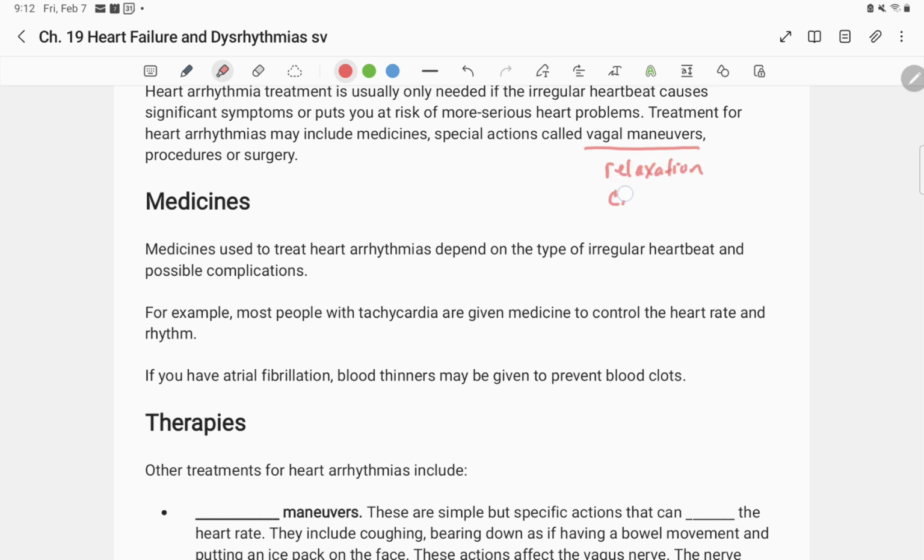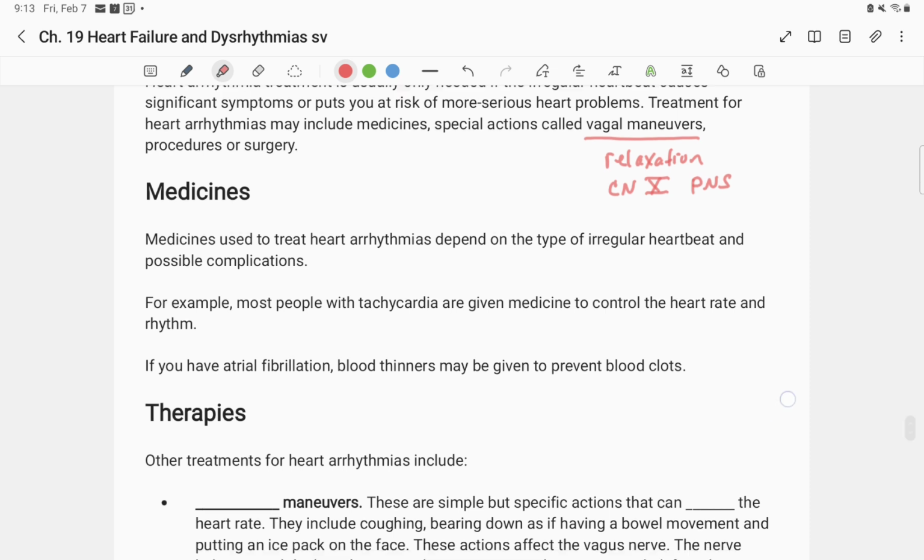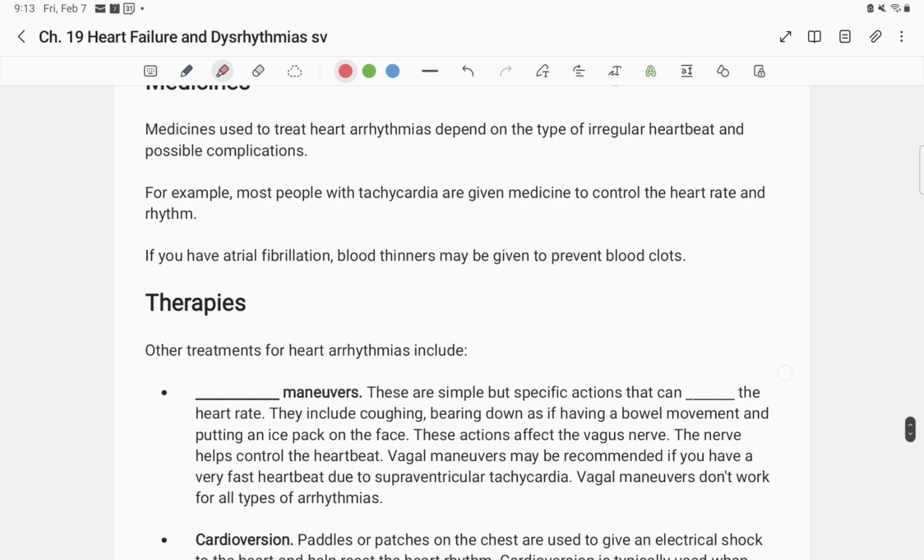Okay, the vagus nerve, which is cranial nerve 10, is a very strong parasympathetic nerve, which means when you do the vagal maneuvers, you can tap into the calming part of your nervous system, which would balance out the heart rate. Medications can be used.